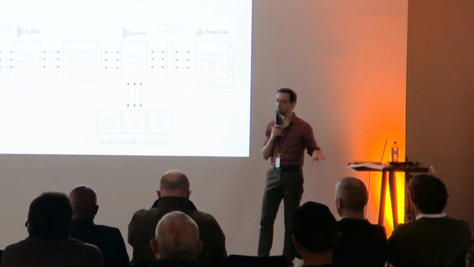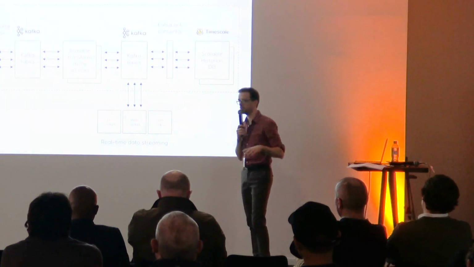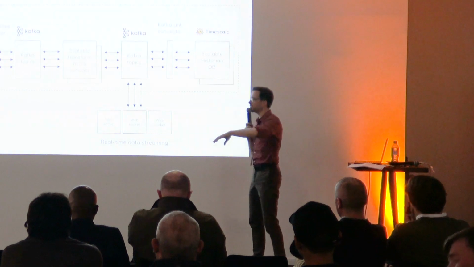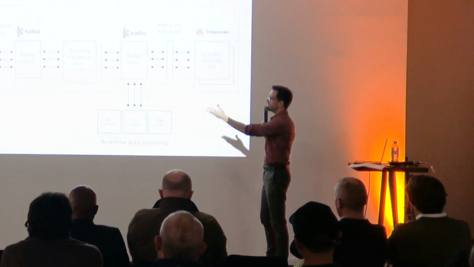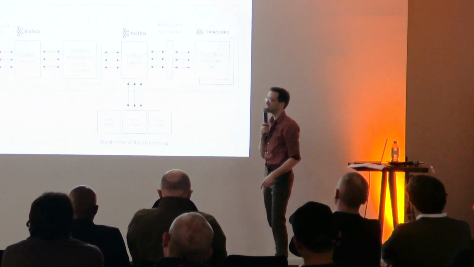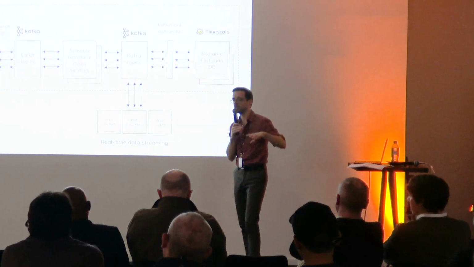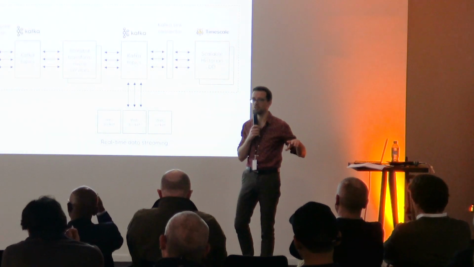So we have multiple infrastructures in our own software. We have the production infrastructure which leads to this kind of stuff, and we also have what we call operational technology.